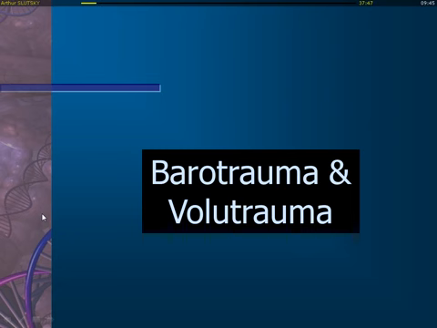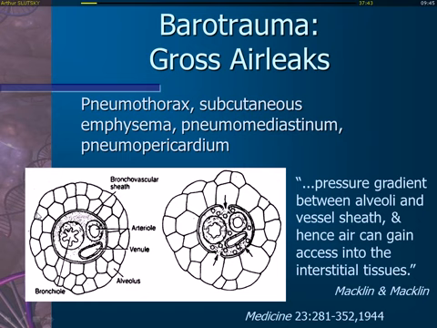So let's talk about barotrauma, which you've all heard of, and volutrauma. Barotrauma really means gross air leaks and pneumothorax, things like that. There were actually a couple of Canadians, Macklin and Macklin, who did a lot of the great work on barotrauma. They realized that the alveolar region is in close apposition to the bronchovascular sheath.